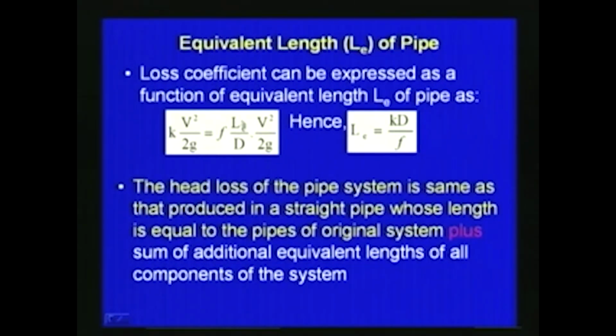Finally, from this equation we get the equivalent length as LE equals K into D by f, where K is the loss coefficient, D is the diameter of the pipe, and f is the friction factor. So for the given pipe system, if there are a number of bends, gates, valves, etc.